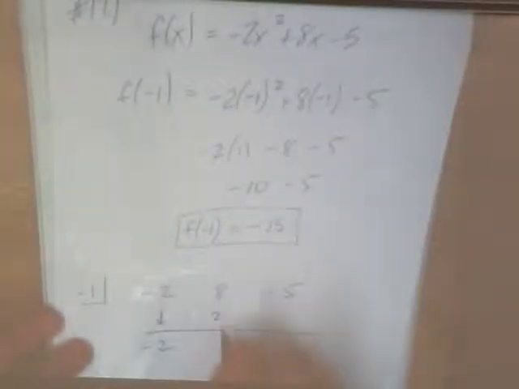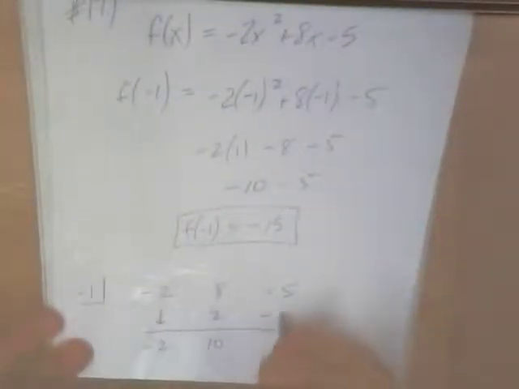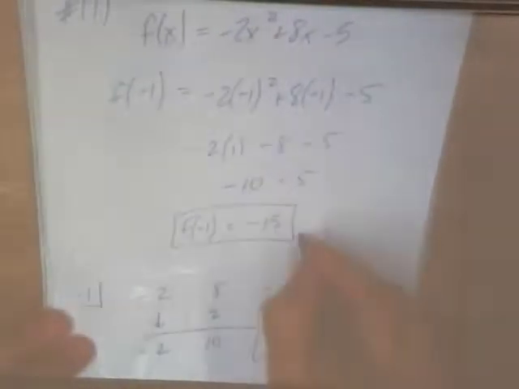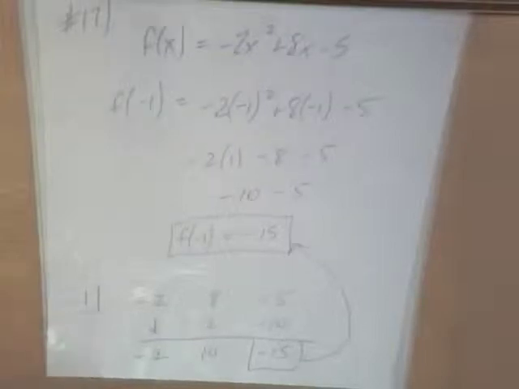Bring down the -2, multiply, you get 2, 10, -10, -15. Remember the remainder is your answer for these questions. Okay? Good.